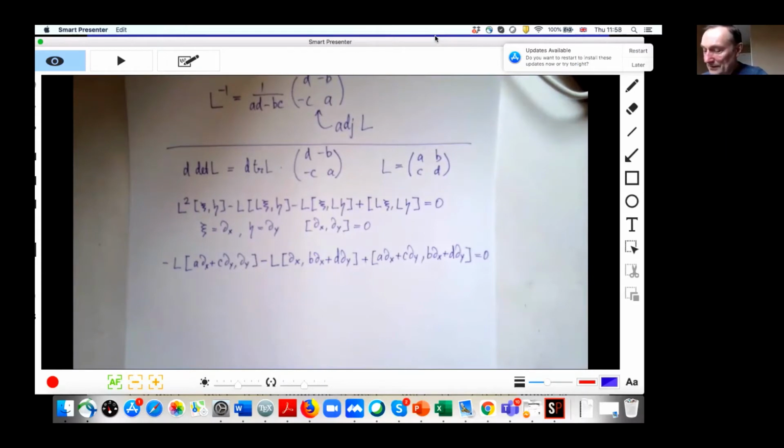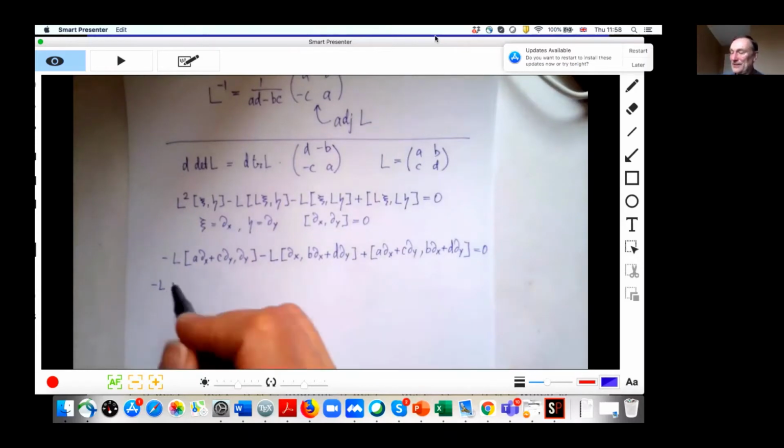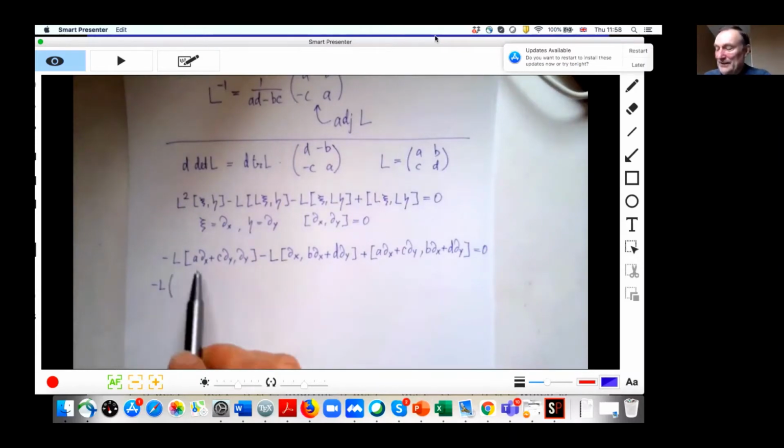So now let us compute all these brackets. It's minus L, this bracket. You know how to compute two brackets. So if I apply these differential operators, the first one to dy, I will get 0 because the coefficient is constant here.